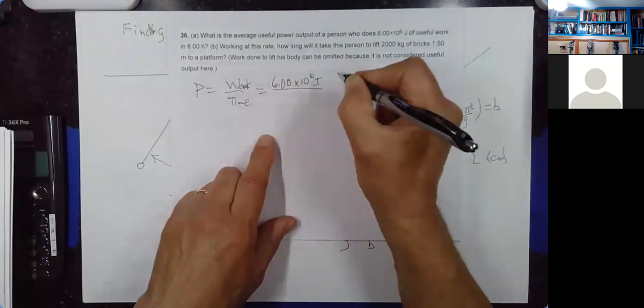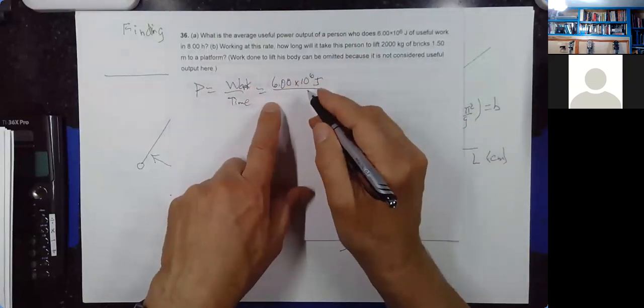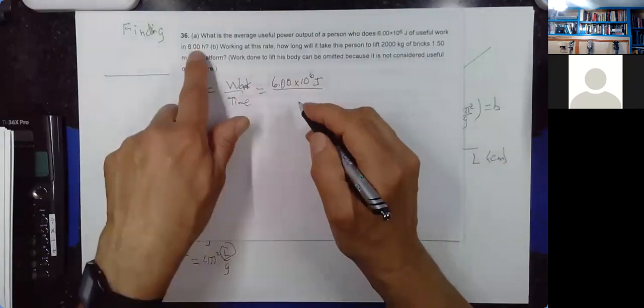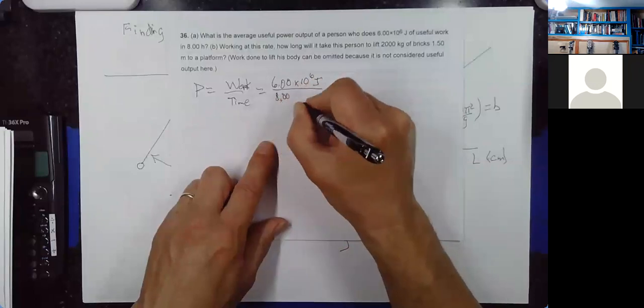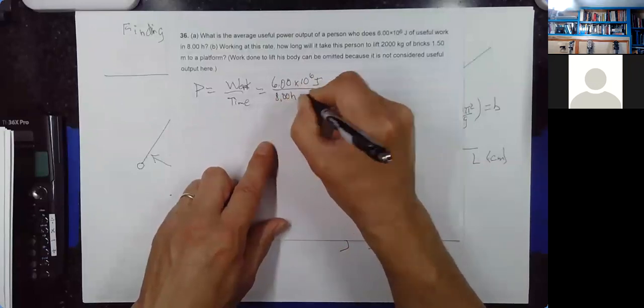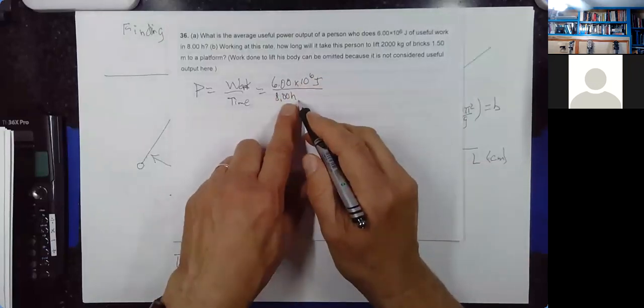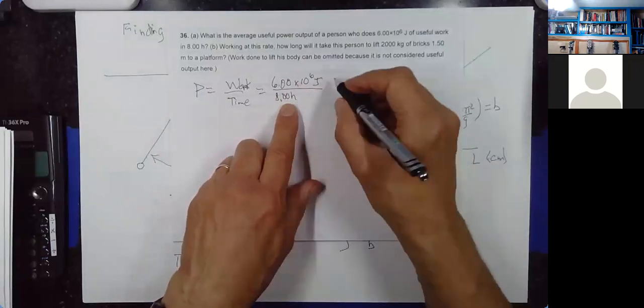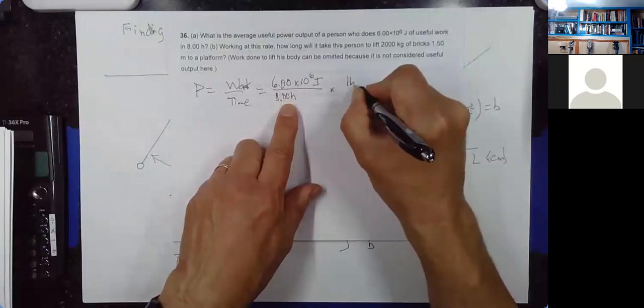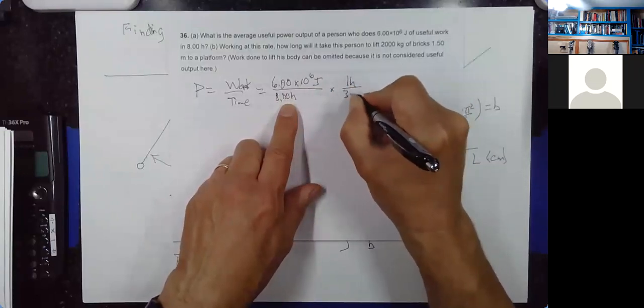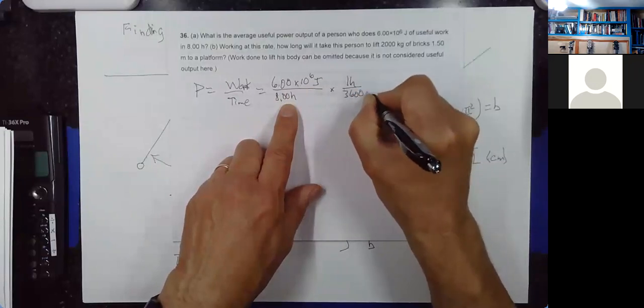And then on the bottom here, I'm going to have written into it a unit conversion problem. We're given 8.00 hours, but those aren't our usual unit of time that we need. We need joules per second, but actually I could just multiply this by 1 hour over 3,600 seconds.